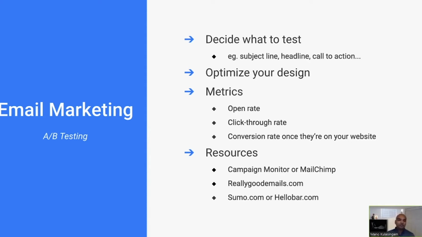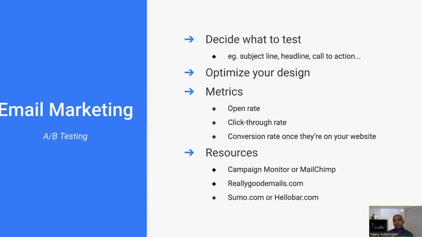Headlines and the calls to action are important. Optimize your design. Try to apply some of the best practices out there. And in terms of metrics, I would say look at open rate, click-through rate, and then the conversion rate once they're on your website and you're able to convert them.